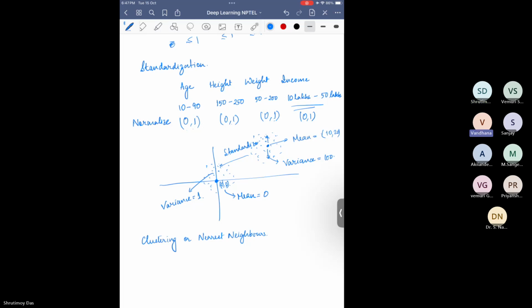So ultimately, both of them are setting our data within a certain range, so that they can be compared easily. We need to make our data look good so that it becomes easier for the machine learning or deep learning algorithm to work on it.